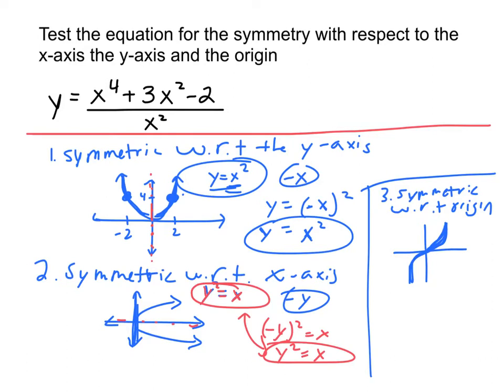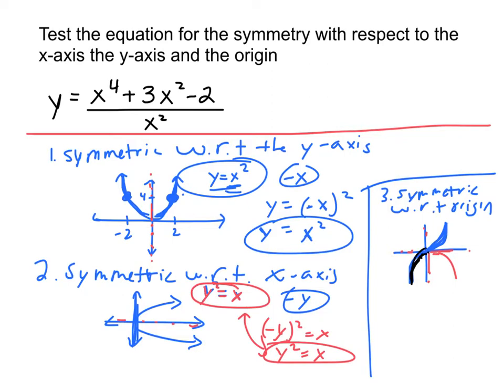The reason you know it's symmetric about the origin is that if you were to fold it first this way, you would end up with that line coming down here. And then if you were to fold it this way, the two lines would line up on each other and they would be here. So that's how you can tell if it's symmetric around the origin just by looking at it. If you fold it along the y and then the x, or the x and then the y, they would line up on each other.